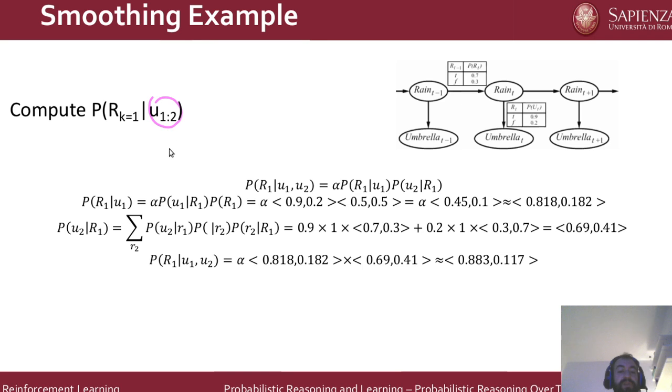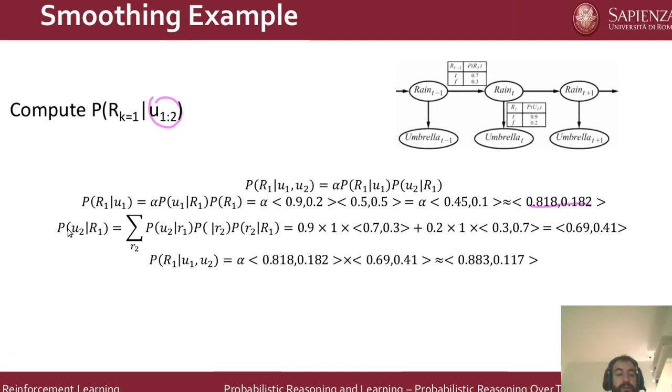So we saw U1 being true, so we look at this column again. We take 0.9, 0.2, and we multiply this by 0.5, 0.5, which is, I mean, we know R1 because we computed it from the previous exercise, and we know that this doesn't depend on any observation. So we get these values here.